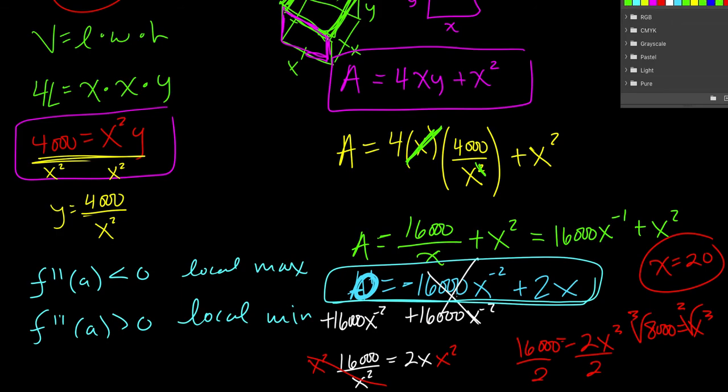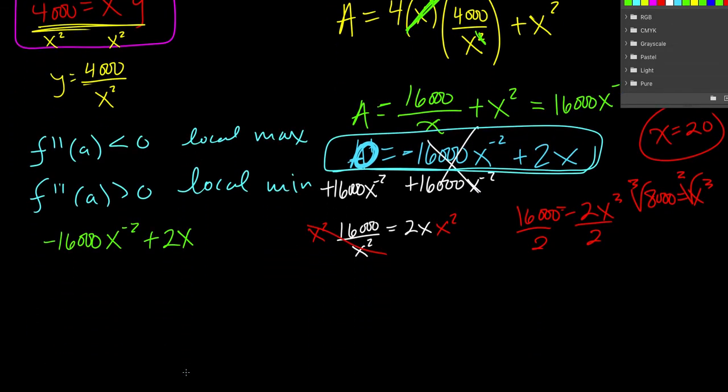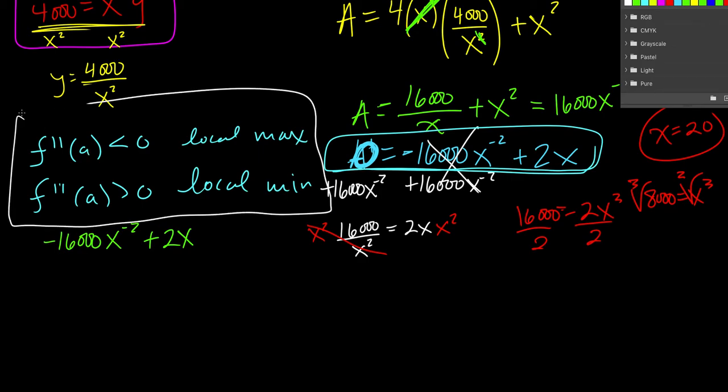And so let me just rewrite that. So we have negative 16,000 x to the negative 2 plus 2x. So we're going to take the derivative of that, which will give us our second derivative, and then we'll compare it to the second derivative rule, or the second derivative law, up there to help us figure out what's going on.